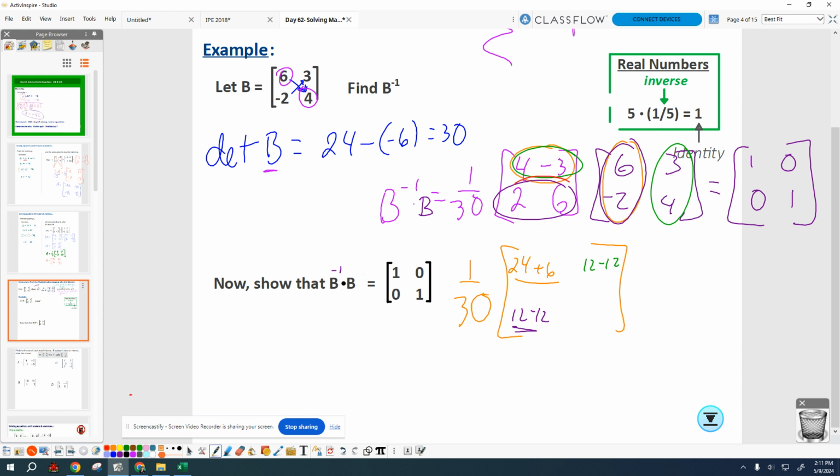Samara, the last row at the bottom with this guy. 2 times 3 and 6 times 4? 6 and 24. So 30. So I get 1/30 times this matrix. Does that become the purple one that is the identity matrix? Yes, so I did correctly find the inverse.